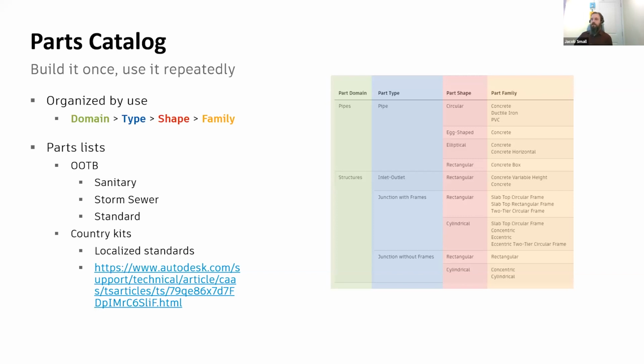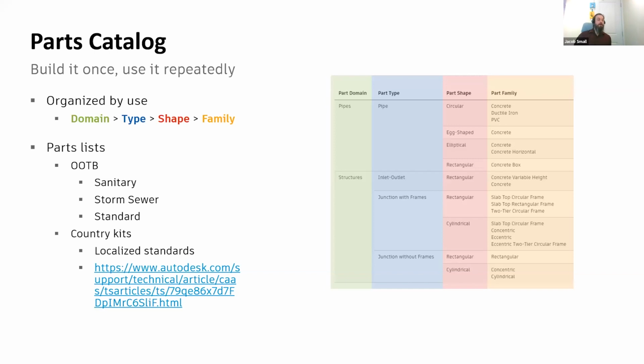So in one particular example, if I wanted to place a pipe, I'd start with my part domain of pipes, then I'd take my part type of pipe, then I would take my part shape. Let's say I wanted circular and I wanted PVC. So my part shape would be circular and my part family would be PVC. After that, we get into selecting the size of the pipe. We'll talk a little bit more about that once we get a little bit further along in the session today.